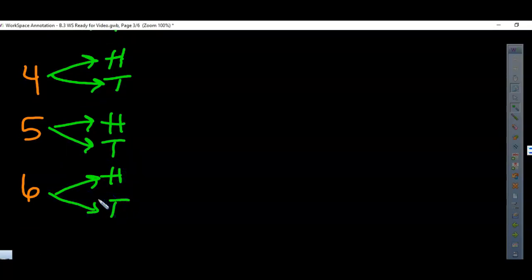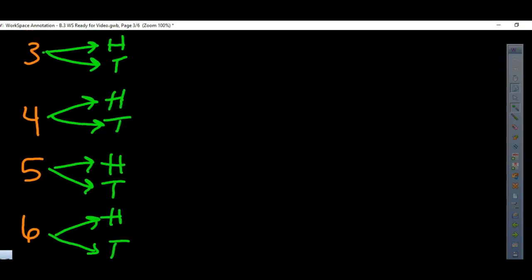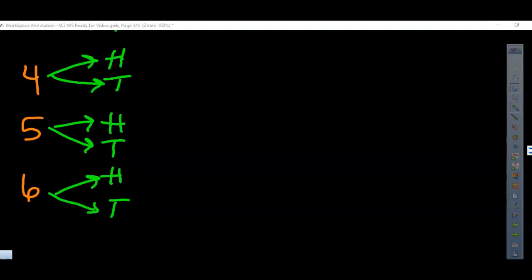There. Okay. So again, we see that for each number, we have 2 possible outcomes, heads or tails, with that coin. We can count the little branches to represent how many different outcomes total there are.